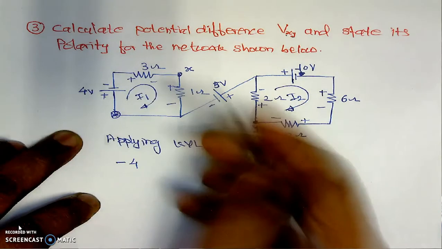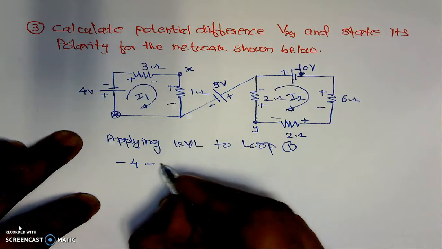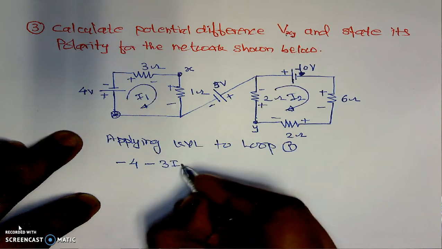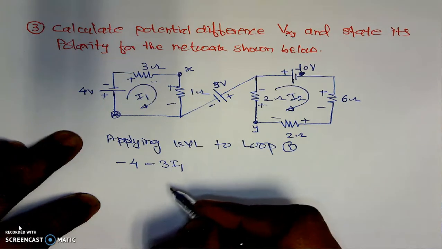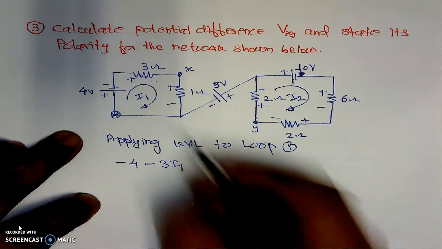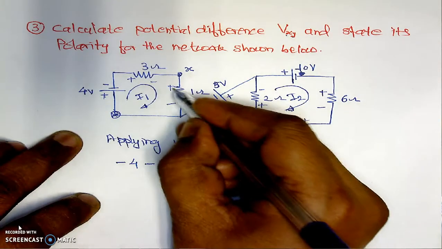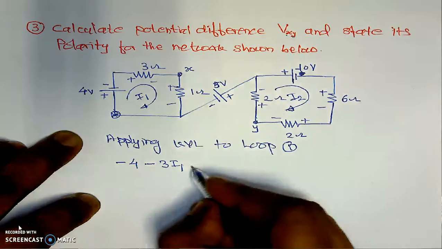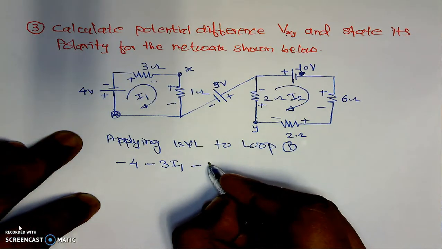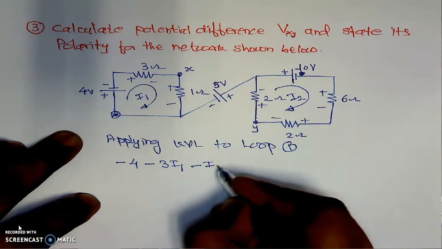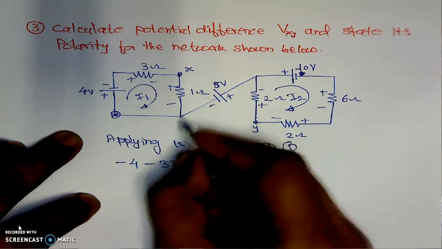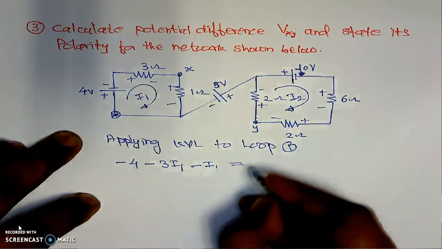Then positive to negative, which is minus, its resistance is 3 and its current is I1. That's why its potential is 3I1. Then here we are traveling in the downward direction for the 1 ohm resistance. That is positive to negative, which is minus. Its current is I1 and its resistance is 1 ohm. That's why its potential will be minus I1. And then we are coming back, no element, which is equal to 0.